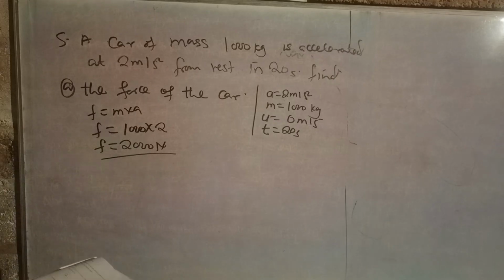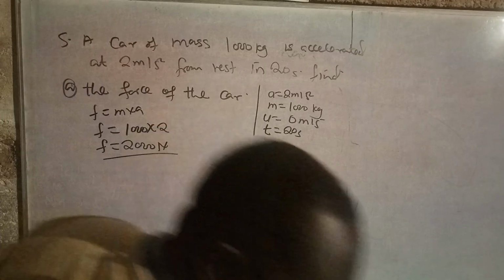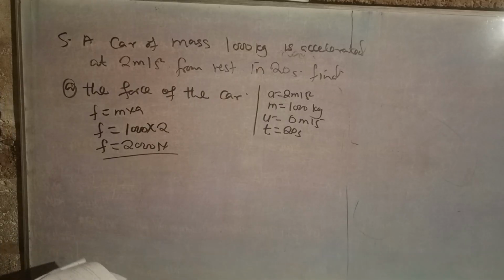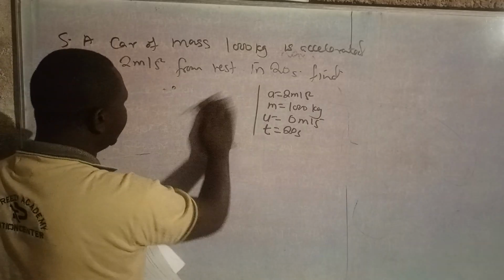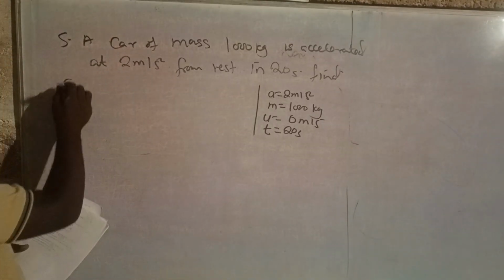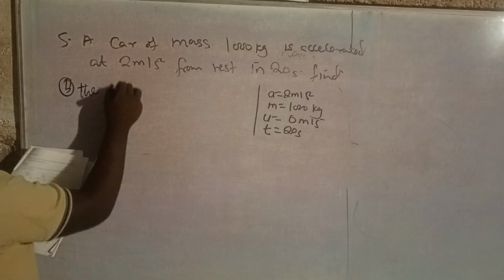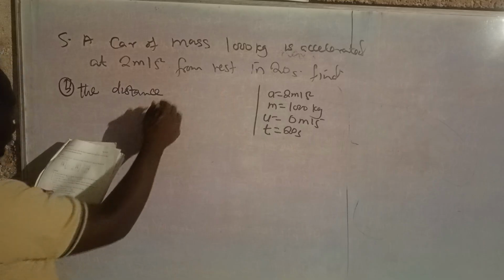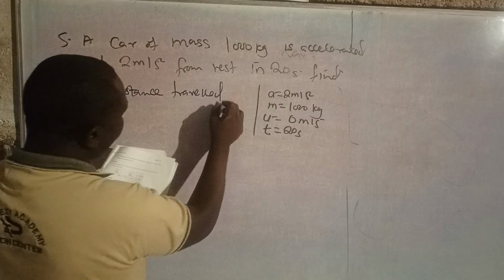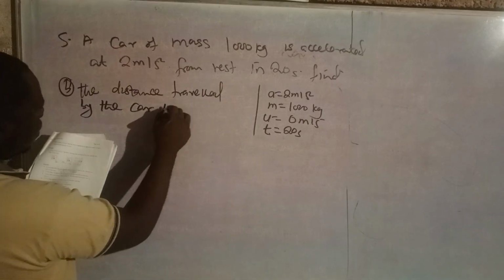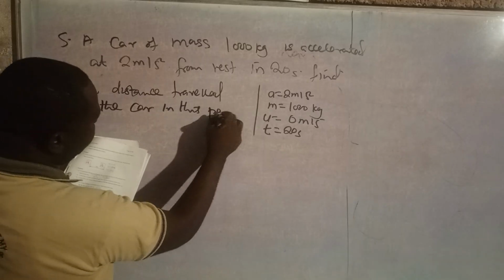Then we go to question B. Question B is saying find the distance traveled by the car in this period.